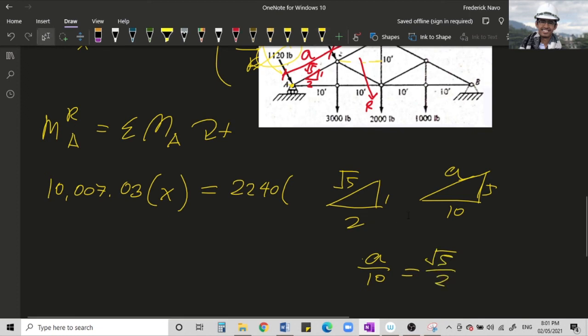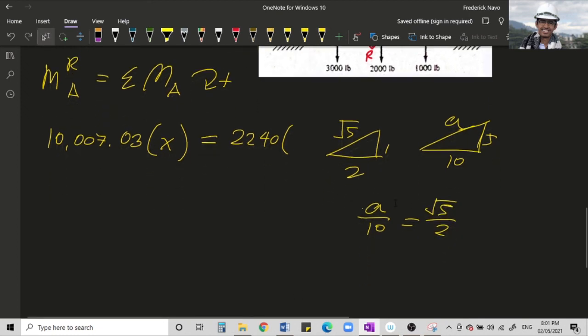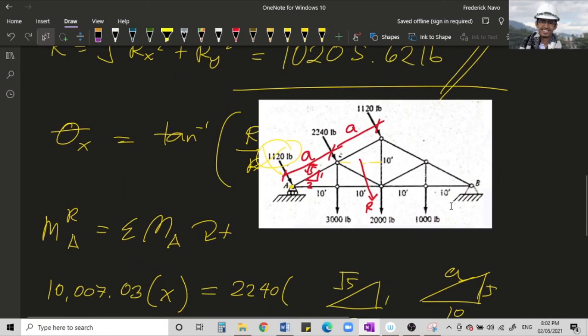That is a property in math. So, A will give us 11.18. So, our A here will be 11.18, so the distance is 11.18. Right?